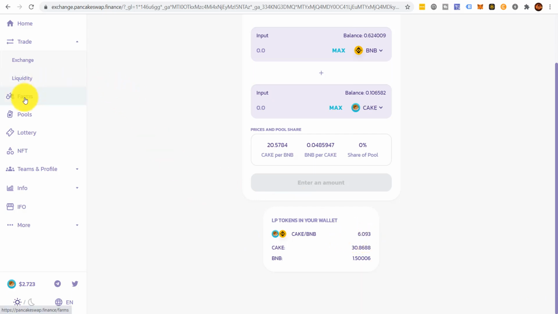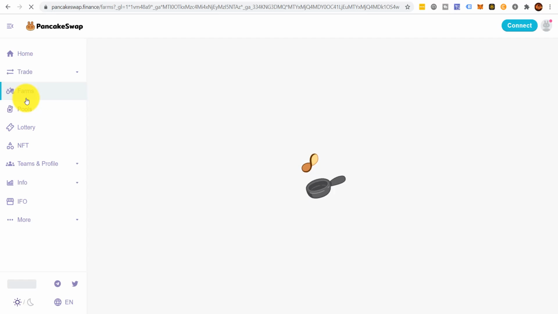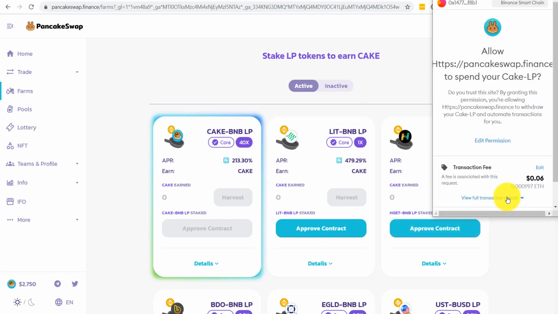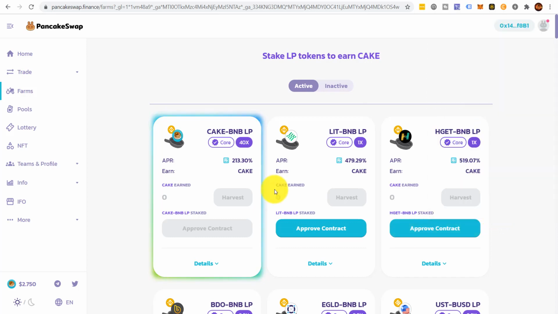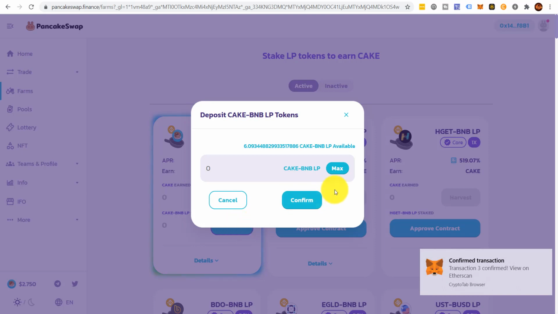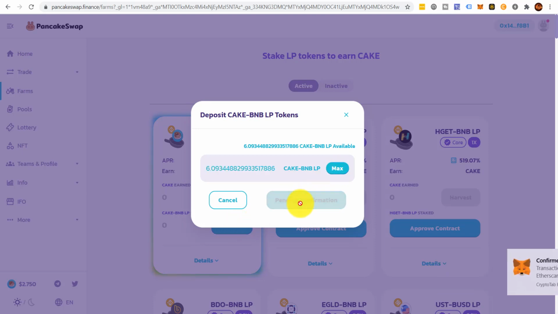Now what we do is we come over to Farms. You can simply stake it. All you've got to do is approve contract. $0.06. Now we click, this transaction went through. It took about 5 seconds for that to happen, maybe 10 seconds. Then you click Stake LP. Max. Confirm.